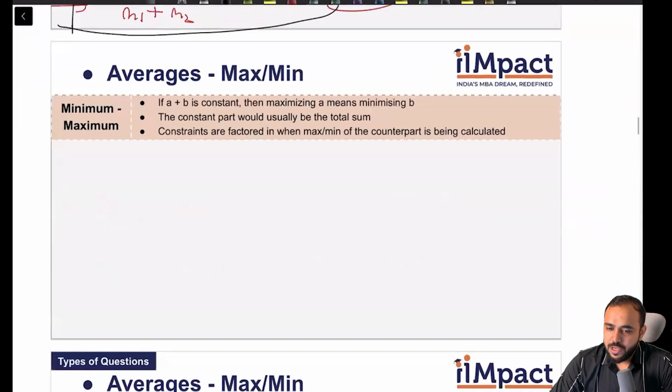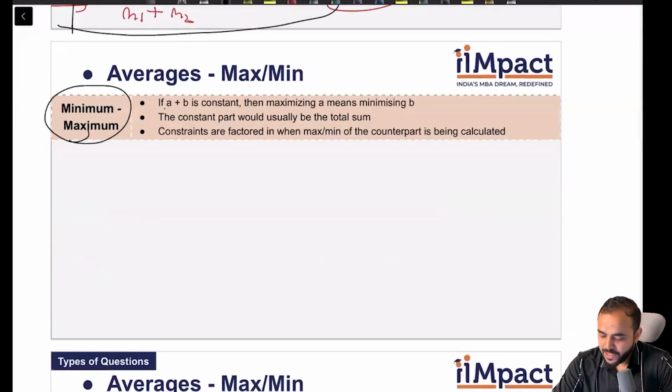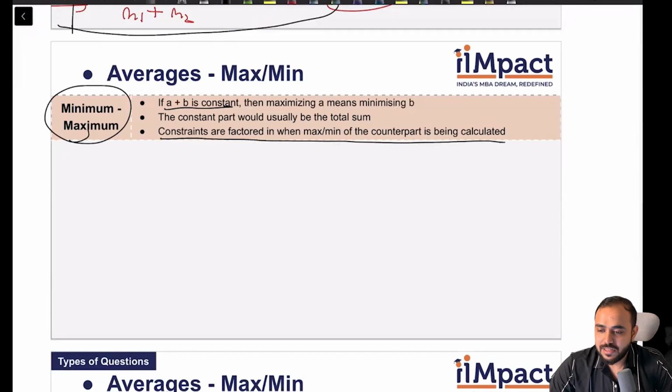Moving on, if you have to maximize or minimize, I think we have already discussed. Find what is constant, then figure out what you will minimize or maximize to arrive at your answer, and then factor in any constraints that are there in this method that you have developed in step 2.